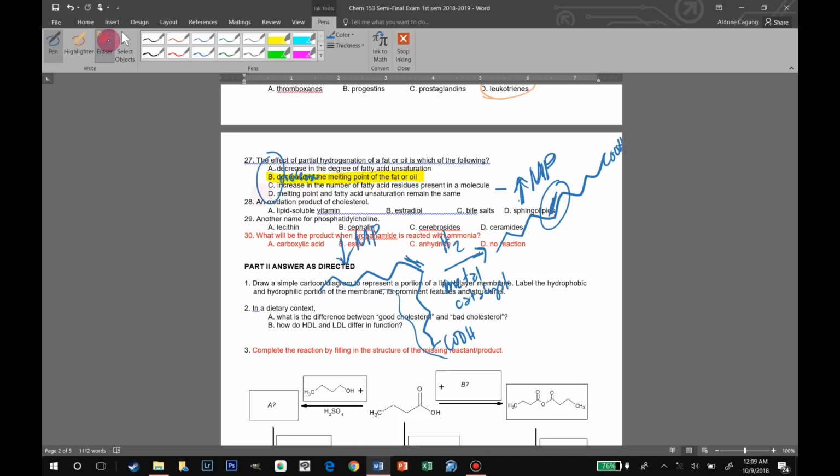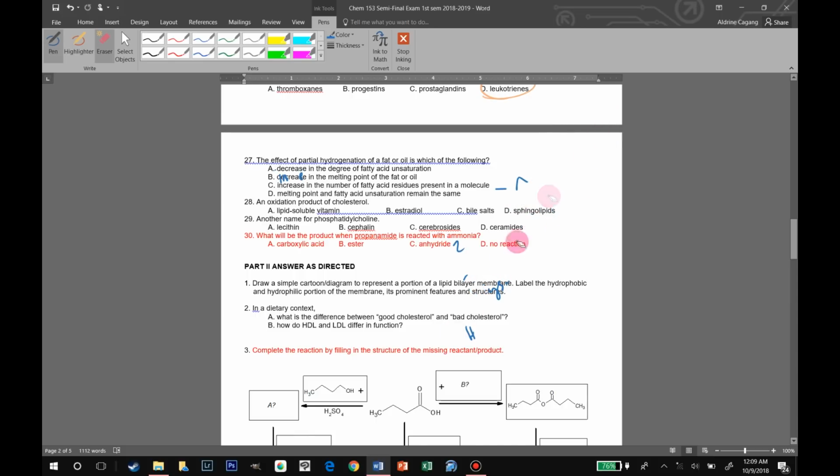Number 28. An oxidation product of cholesterol. So this one pertains to your bile salts. In our discussion, that's going to be the first definition of your bile salts. These are oxidation products of your cholesterol.